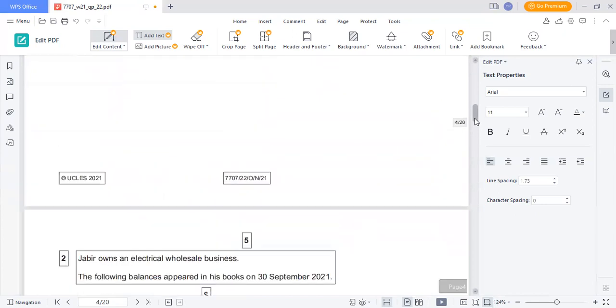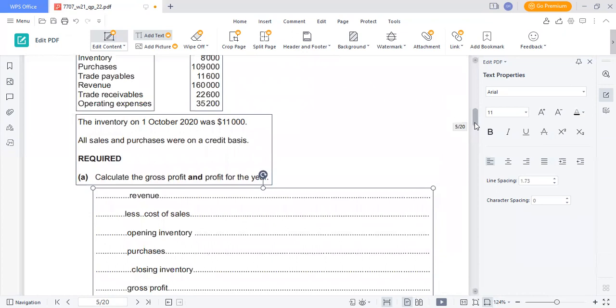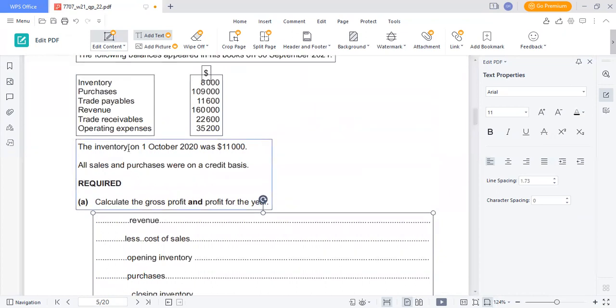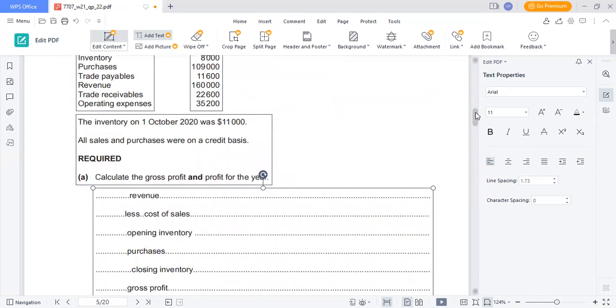So the revenue. Okay, we don't have revenue. Okay. So for revenue, oh, we have revenue, sorry.